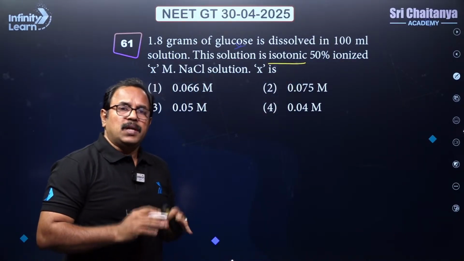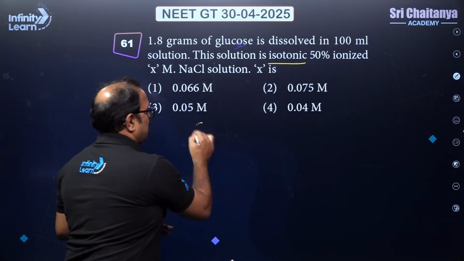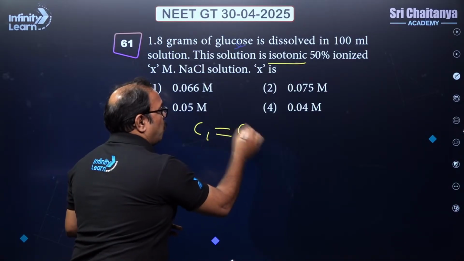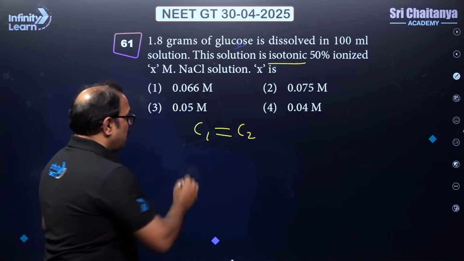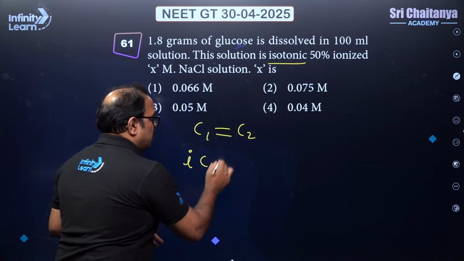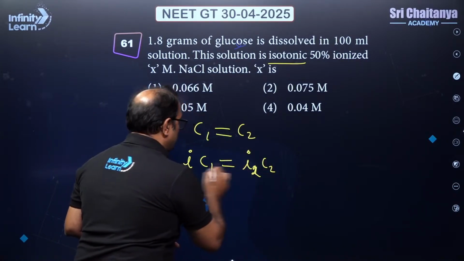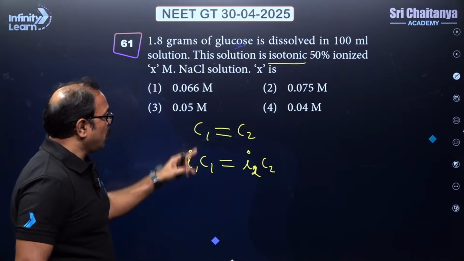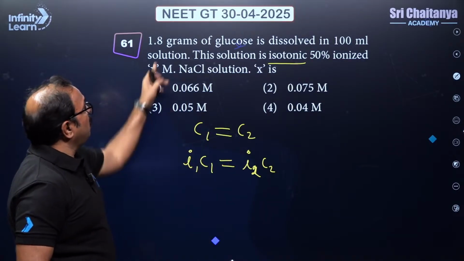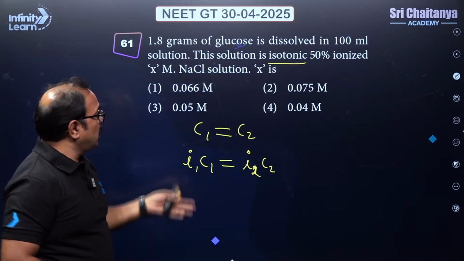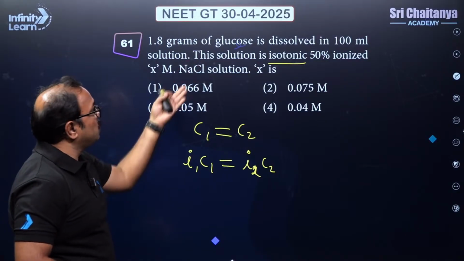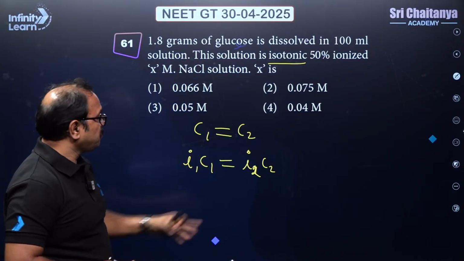Isotonic means in general equal concentration, provided both are non-electrolytes. If they are electrolytes, this should be the condition. Now what happens, the i factor? The i factor for glucose, we know that it is not having any dissociation, so it becomes 1.